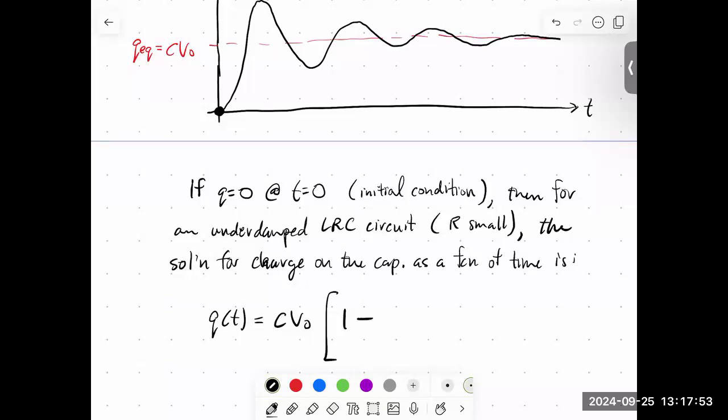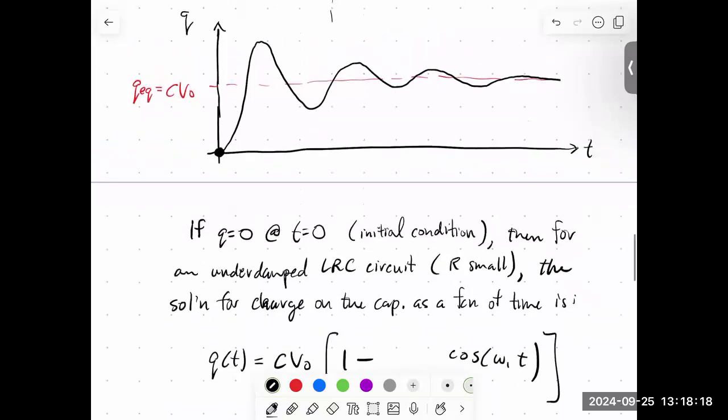We're going to do a minus cos of some frequency, which I'm going to call omega 1 times t. If I put t equals 0 here, I get cos of 0, which is 1, and then 1 minus 1 is 0, and so that corresponds to that point.